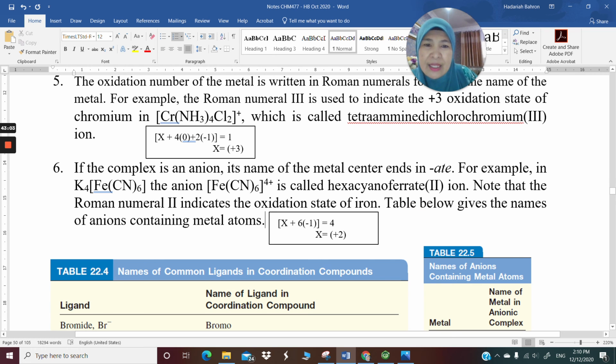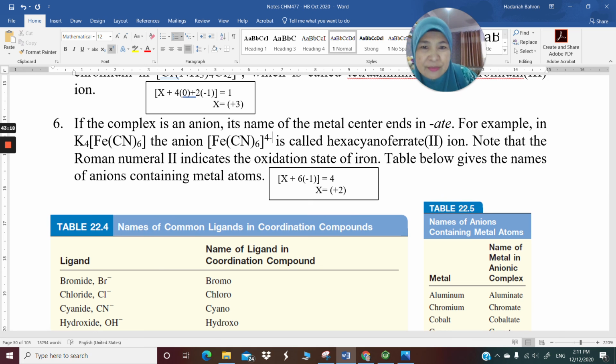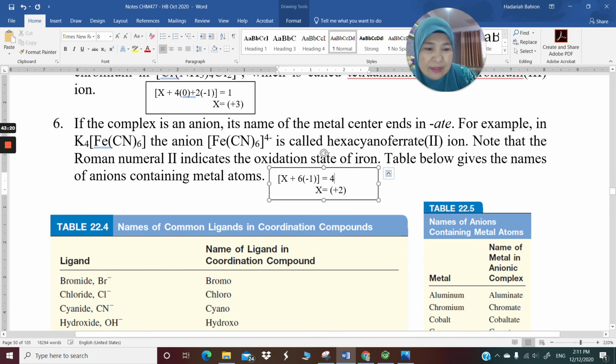So it is called hexacyanoferrate 2. But why not ferrum? Why not iron? Because this is minus 4. I'm sorry, 4 minus. Yep. Please correct my notes if there are mistakes here. 4 minus.